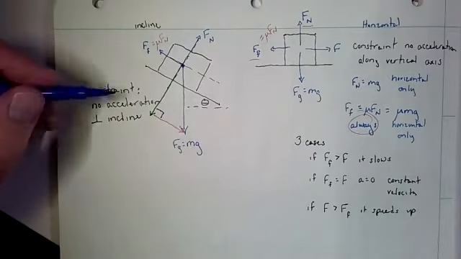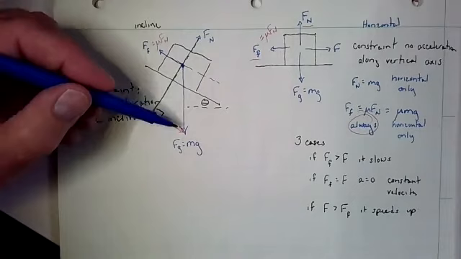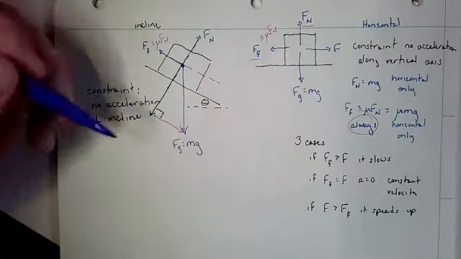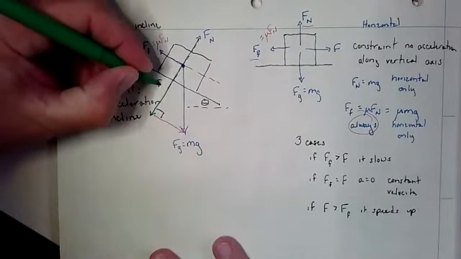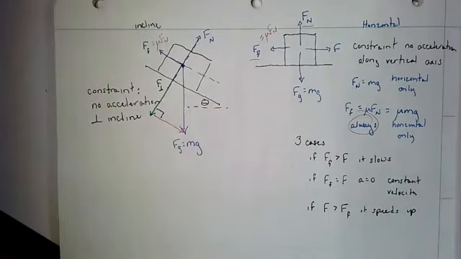Right, again, so our constraint is since there's no acceleration perpendicular to the incline, then let's just think about gravity. What's parallel to the incline? What's perpendicular? Because this part is perpendicular, and this part is parallel.